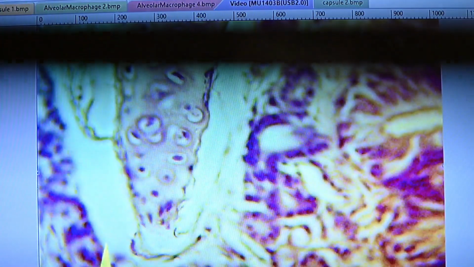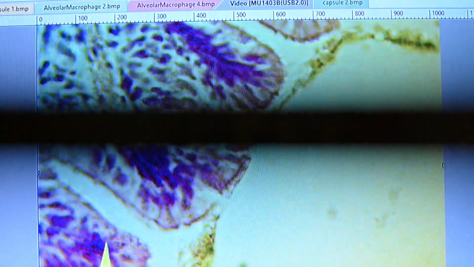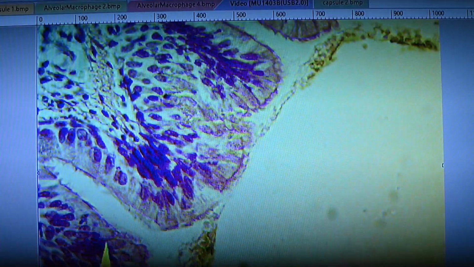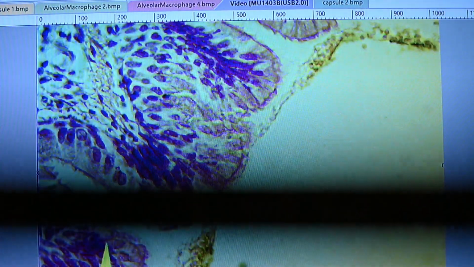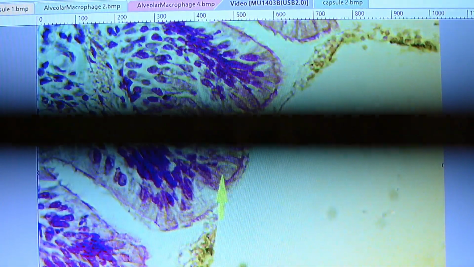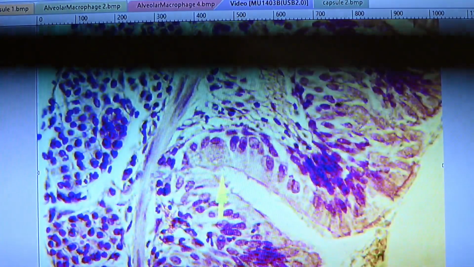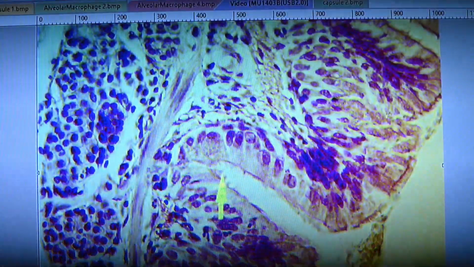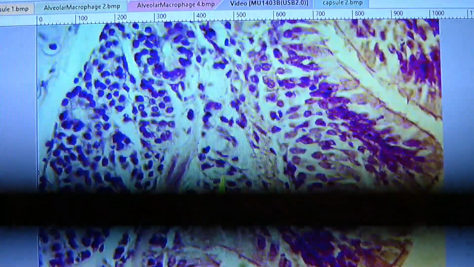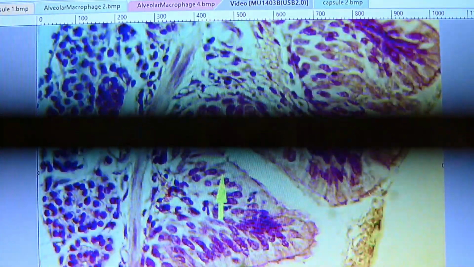So let's magnify that. Can move my pointer back over here and pull in some of this epithelium. You can see the ciliated epithelium in there.